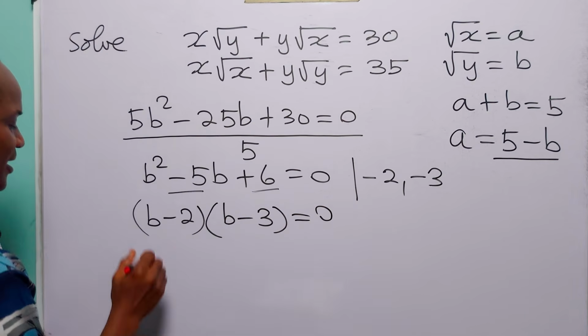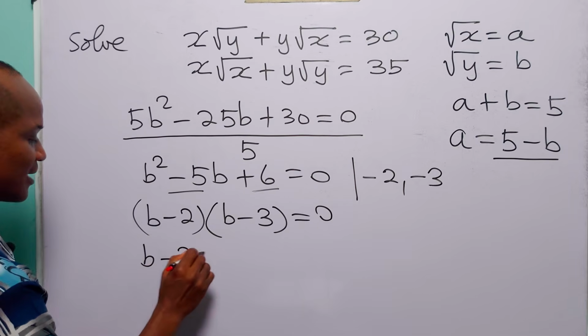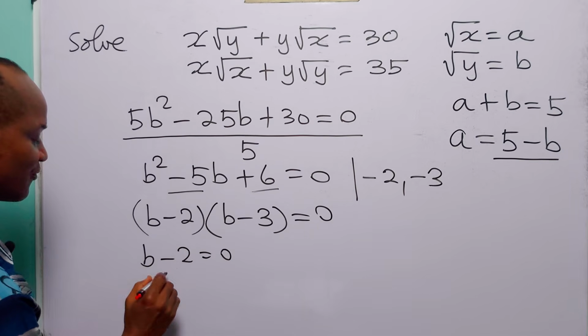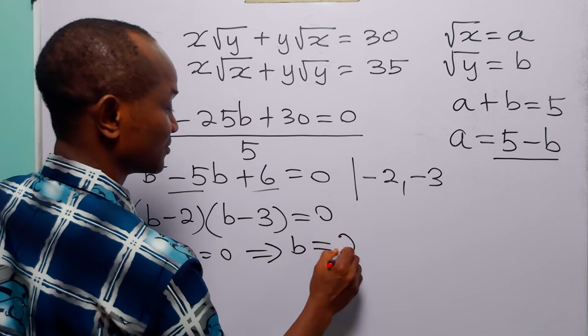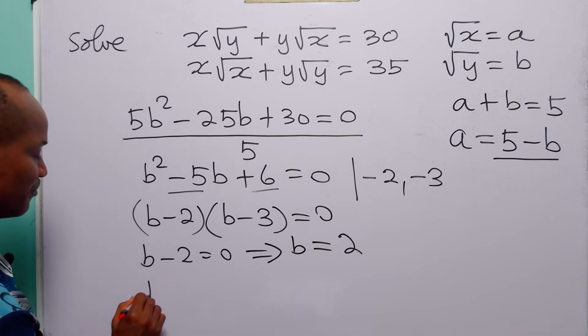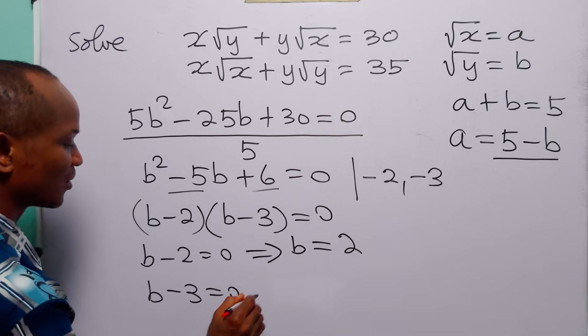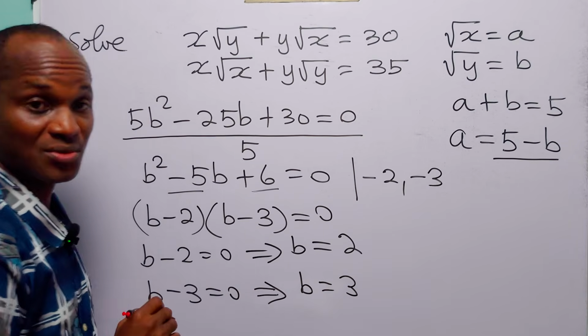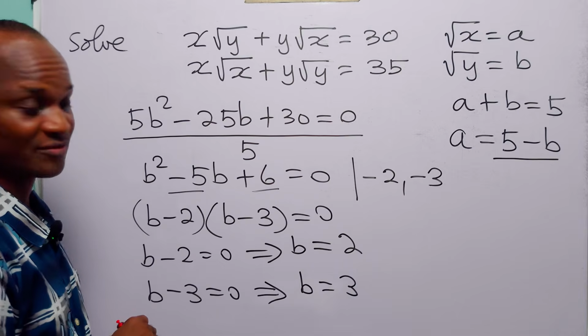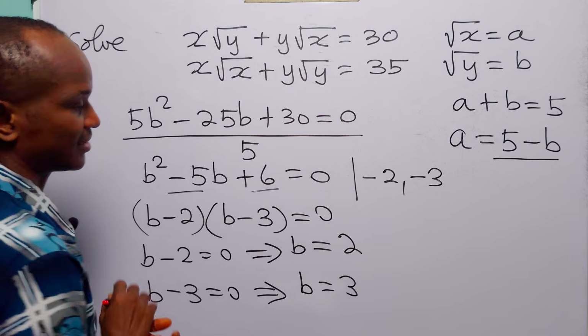And of course, from here, you can see that either b minus 2 is equal to 0, from where b is equal to 2, or b minus 3 is equal to 0, from where b is equal to 3. So we have two values for b, 2 and 3.